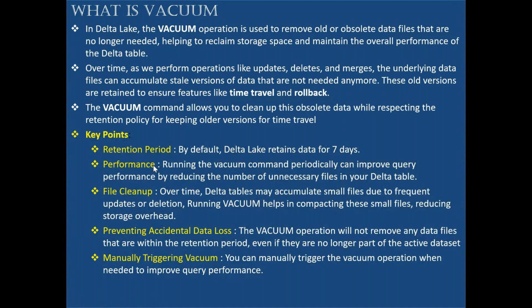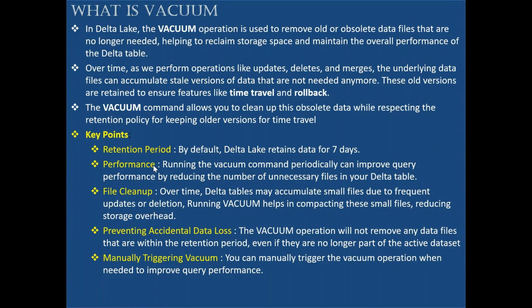File cleanup. Over time, Delta tables may accumulate small files due to frequent updates and deletions. Running vacuum helps in cleaning up these small files and reducing the storage overhead. We have seen with deletion vectors enabled, a lot of small files are merged into a big file and the small files are left as is.